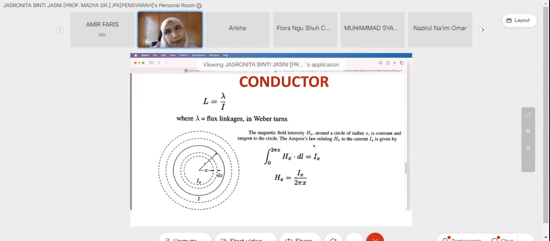When did you see this equation? In class? Have you passed electromagnetics? Do you remember this equation, Ampere's law?